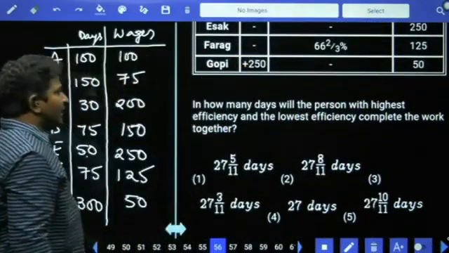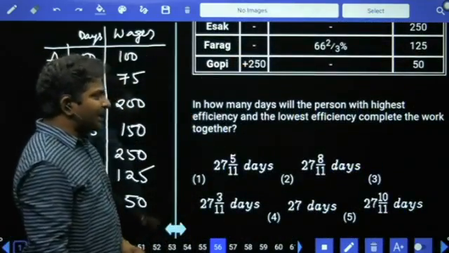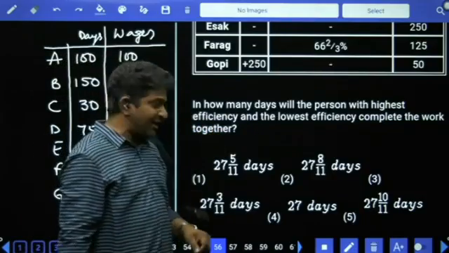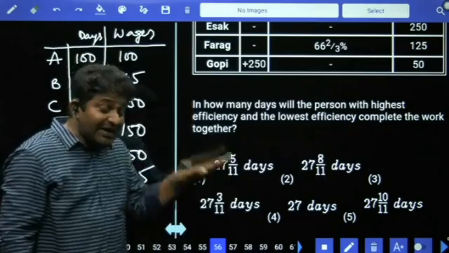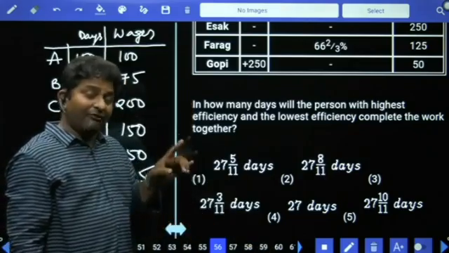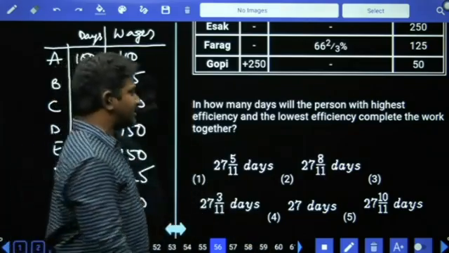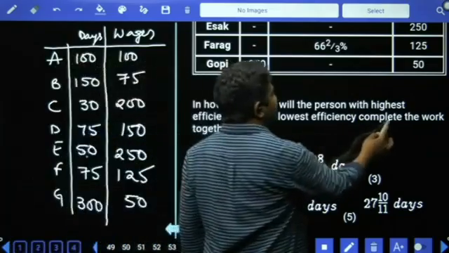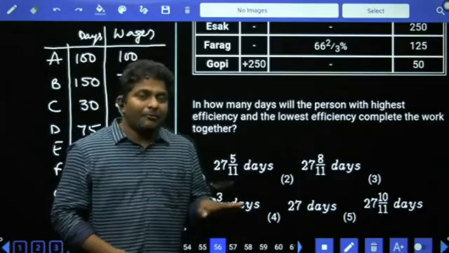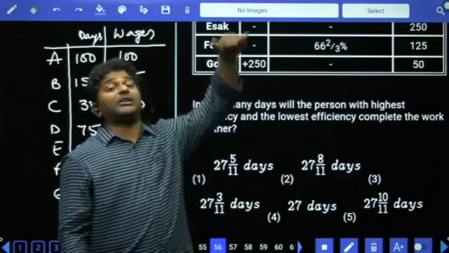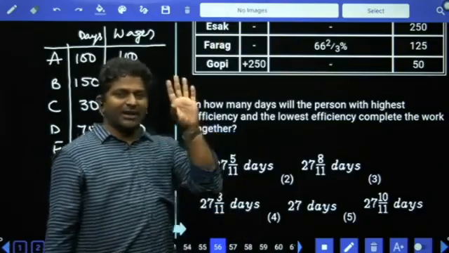Now, in how many days will the person with the highest efficiency, in the sense the one who takes less number of days to complete the work will have highest efficiency, and the lowest efficiency person complete the work together. Lowest efficiency in the sense the one who takes more time to complete the work will have less efficiency.